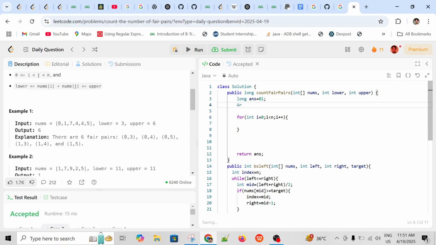So Arrays dot sort, now and left equal to binary search left, that will be the nums, and then lower minus nums of i, comma, comma n -1. There's no n, so we will have to initialize it.